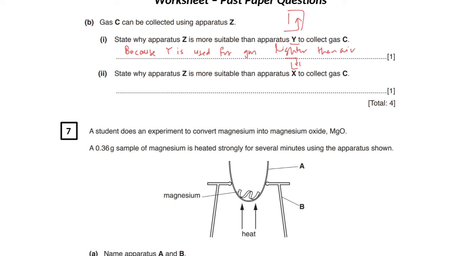Even though it can be collected, you will not know when the jar is full because it's colorless. So if using X, it is not possible to tell when the gas jar is full.